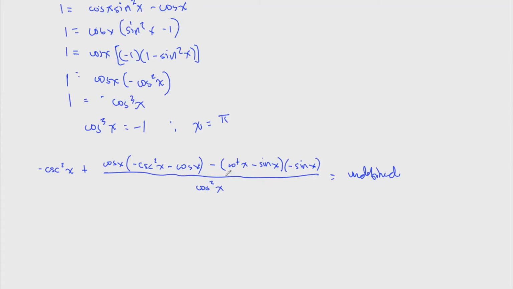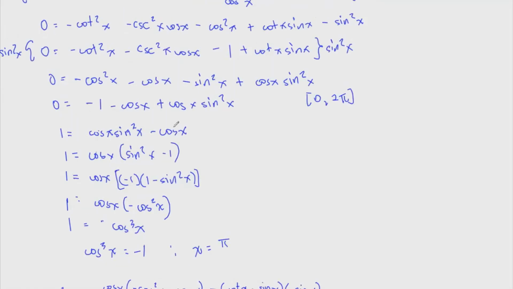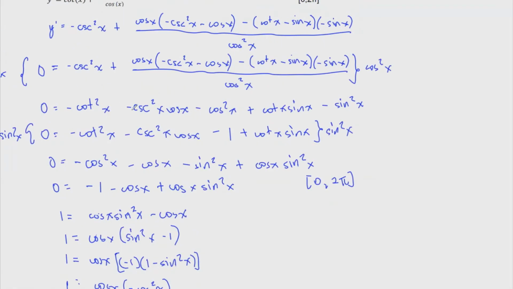So let's have the same denominator or the LCD for this one. So in this case, I can make it cosine squared x at the denominator, and then we have cosine squared x times cosecant squared x right here. That will make this negative cotangent squared x, and then I'll just copy the numerator, and then I think the numerator is just right here.